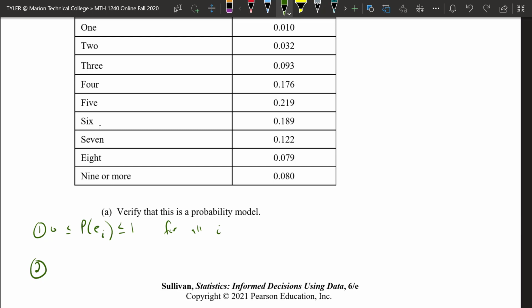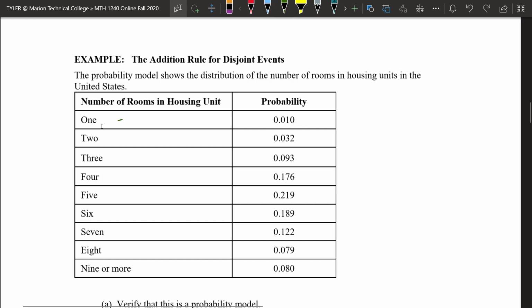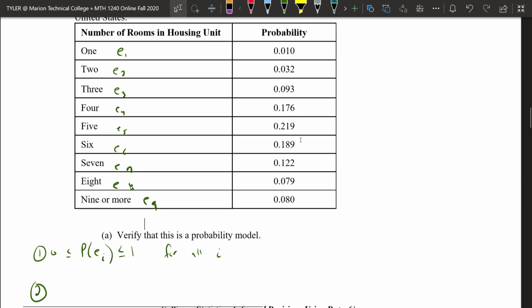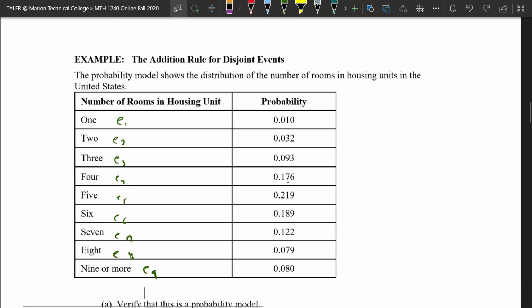So in other words, if I let one room be E sub 1, 2 be E sub 2, 3 be E sub 3, and so forth, then we have 9 possible events. We want to verify that all of the events are going to be in between 0 and 1. If we look through all these values, they're all in between 0 and 1, so we're good.